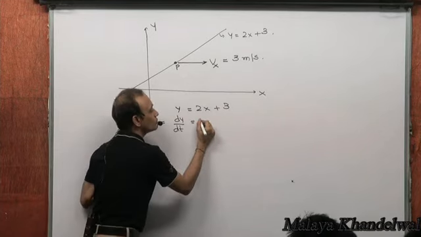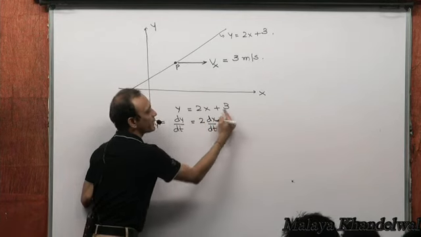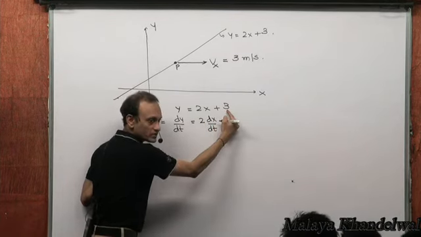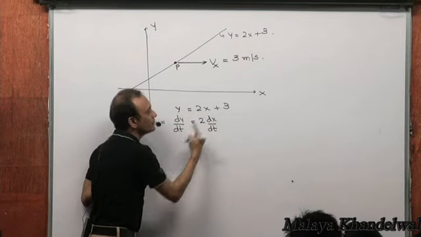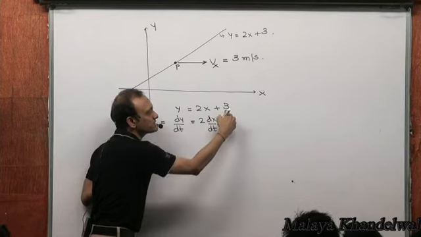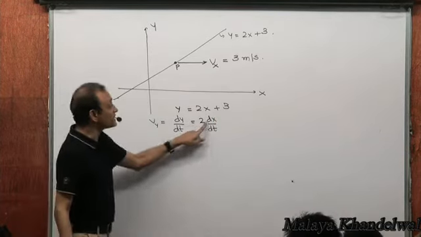That's equal to 2 times dx/dt, differentiating both with respect to time, and the derivative of 3 is 0. Yes or no? It's a constant. Do you understand this? But what is dx/dt?